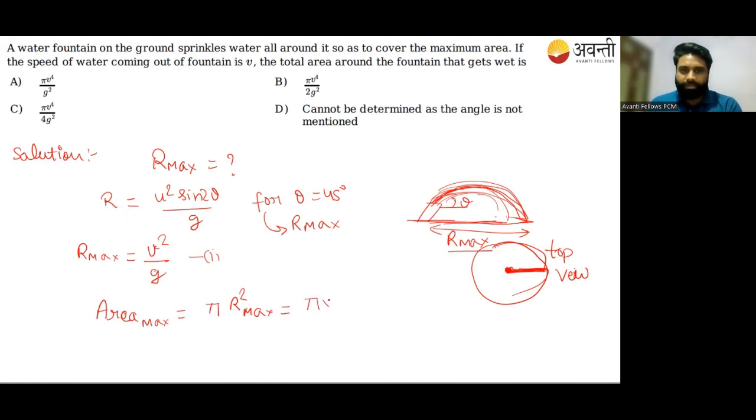What is the value of r? It is v square by g, and we take the square of it, so it becomes v raised to the power 4 by g square. So it is pi v raised to the power 4 by g square. This is the maximum area that the fountain would cover, so option A is correct here.